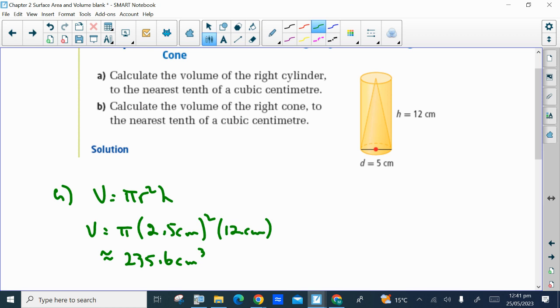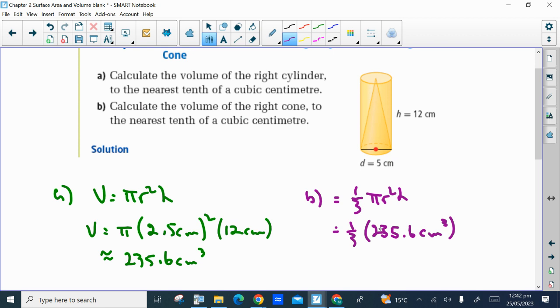Now, part B wants the volume of the cone. The only difference between volume of a cone and cylinder is that the cone is 1/3 pi r squared h. Or in this case, 1/3 of 235.6.